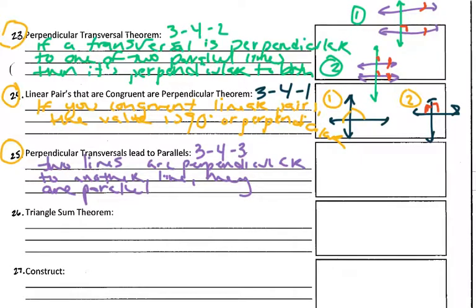And so in that case, kind of again going off of that idea, we've got two lines and a transversal. And so we say they're perpendicular here.